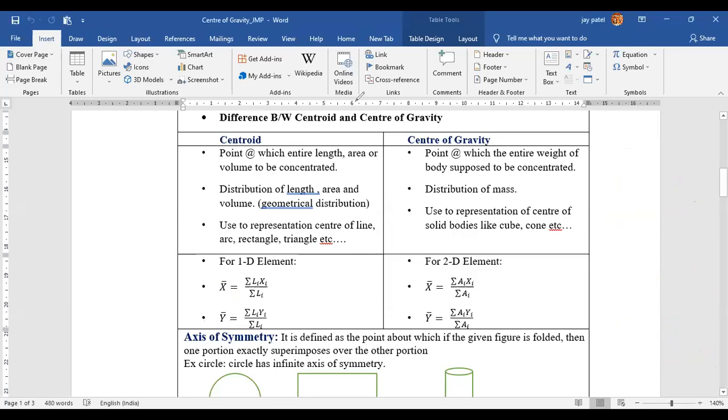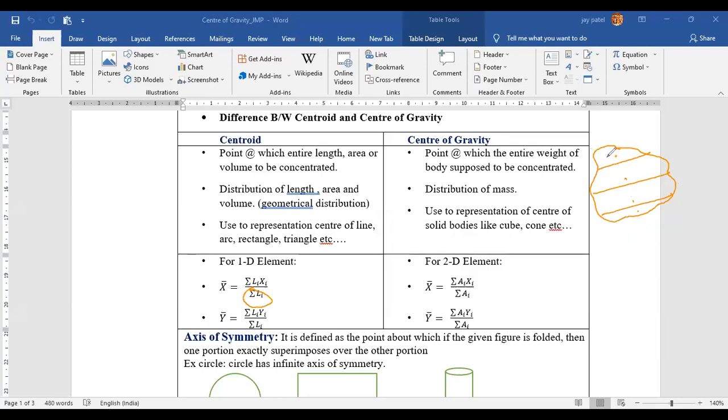Now, for 2D elements, our equation is more or less the same, but instead of summation L... Okay, what is summation L? Summation L is nothing but, if you have an element, and in that particular element you have 3 elements, 1, 2, and 3. Now here I am drawing a body having area-like elements. Now just consider this body as a 1D element.